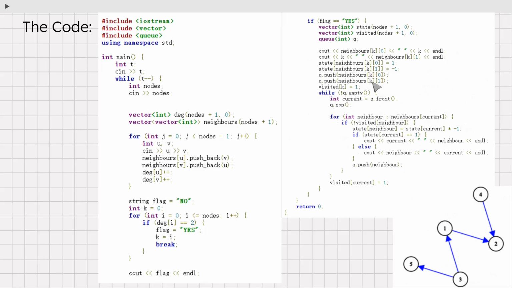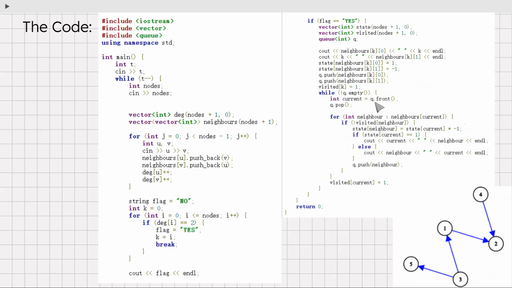And of course, when we apply the inverse, we can at the same time record the direction of the edges, because we have the state of the current node and the state of the neighboring node, which means that the direction of the edge between these two nodes is fixed. We cannot change it anymore. So at the same time, when we record the state, we output the edges as required.